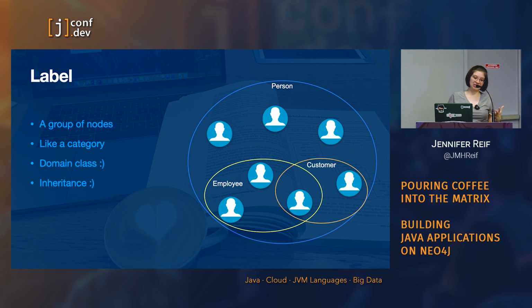This is kind of like inheritance. So you have a group of nodes that are all person nodes. Then you have some that might be labeled employees, some that might be labeled customers, and you might even have some overlap where you have one person in the middle who's a person and an employee and a customer all at the same time. Again, it helps you better understand, okay, this person I would speak to a little bit differently than I would just a person who's outside my company or outside my customer zone, right?